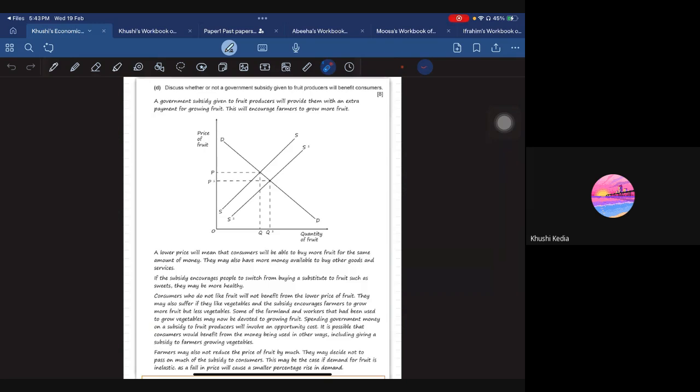Okay. So what about the graph? Graph seems fine. Graph is fine. Yes.